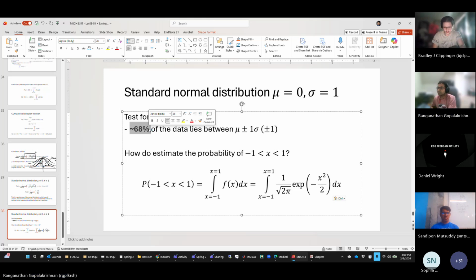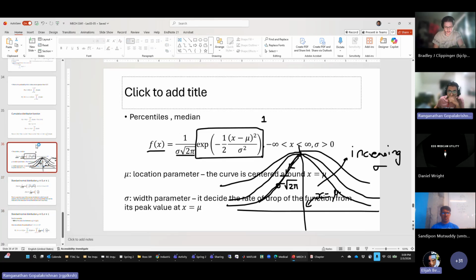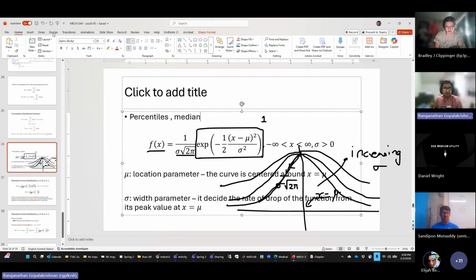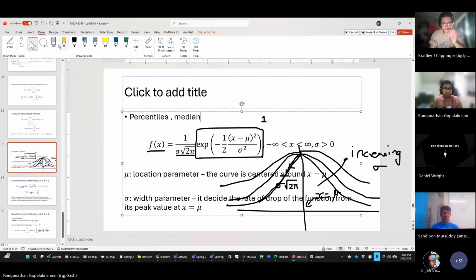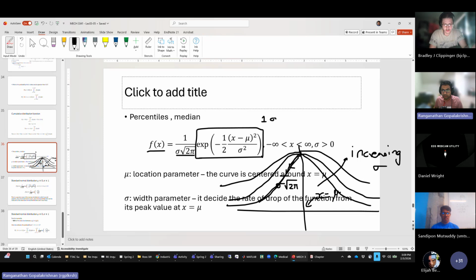Could you go back and explain, like, 2 slides back? Here? Could you explain how that exponent equals 1? Oh, okay. So if you take x equals mu, this function equals 1 at x equals mu.